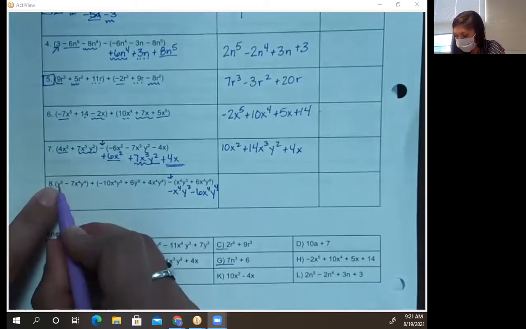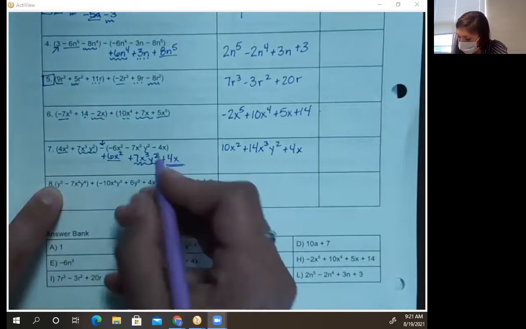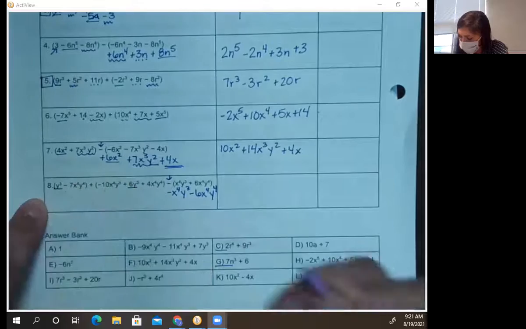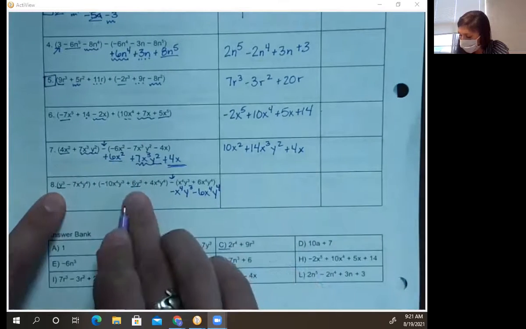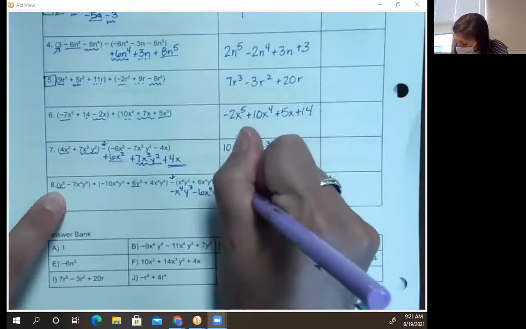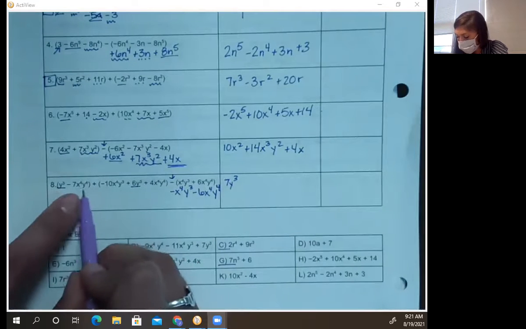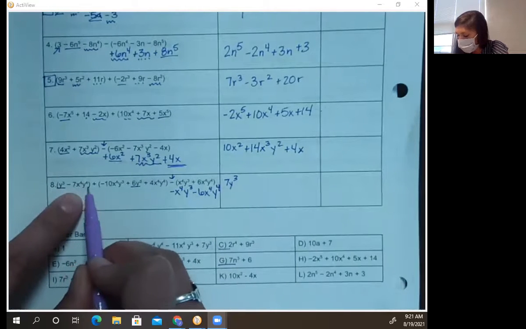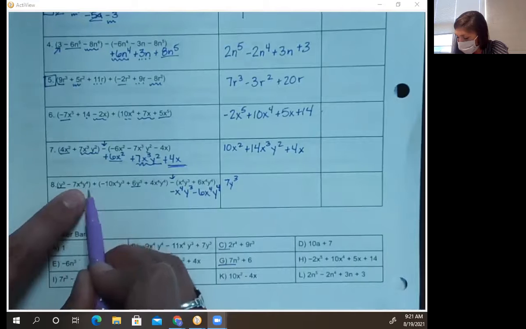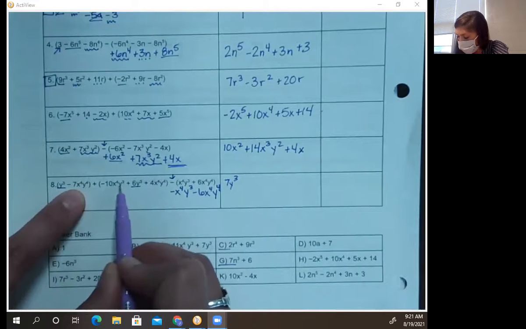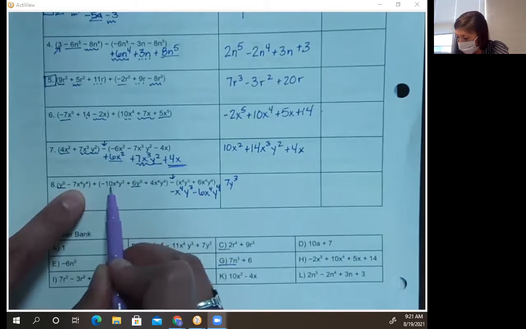The first term I see here is a y cubed. I've got another y cubed here. So I'm going to combine those. Y cubed plus 6y cubed would be 7y cubed. And now I've got a term that has x to the 4th, y to the 4th. This has x to the 4th, but y cubed, so that's not a like term.